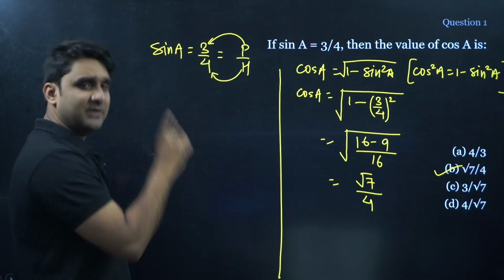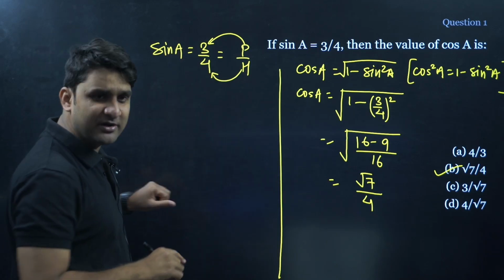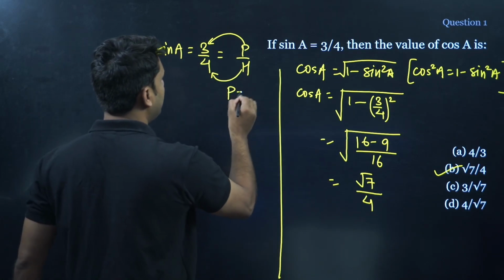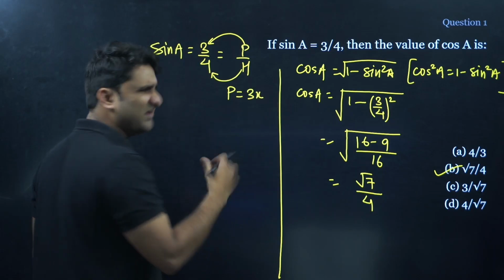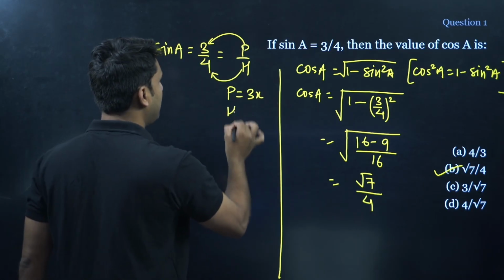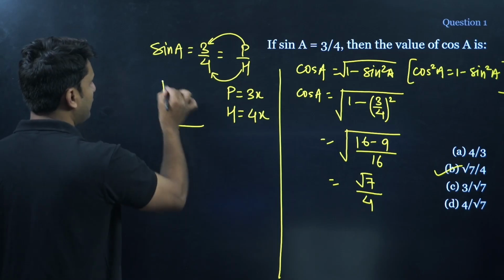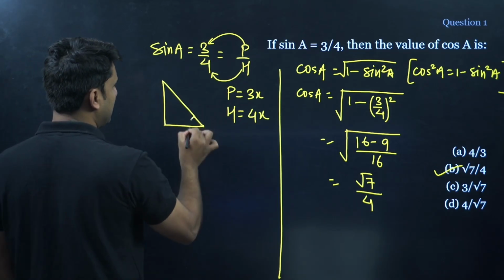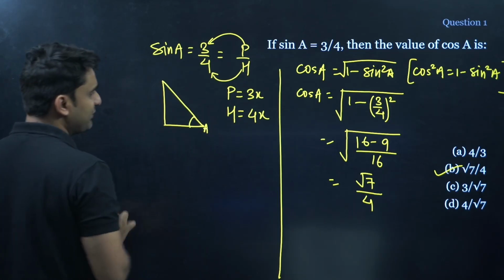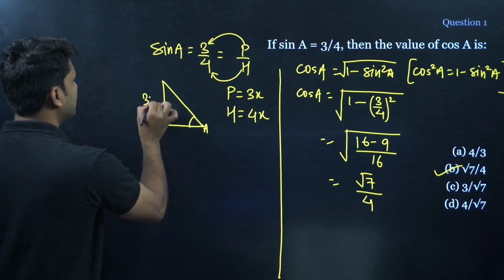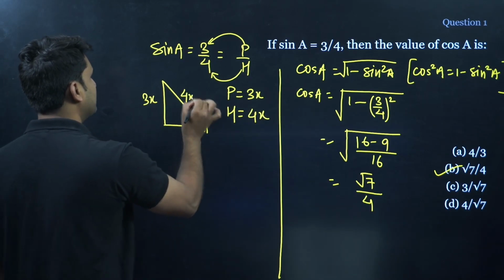But as sine A is given in ratio, we can take perpendicular as 3x, for example x is a constant value, and hypotenuse we can take 4x. And let's draw a triangle. So if you draw a triangle, we have this angle A. So perpendicular will be 3x and hypotenuse will be 4x.